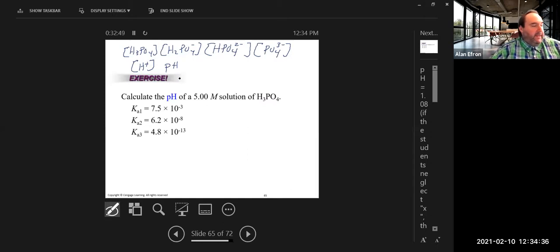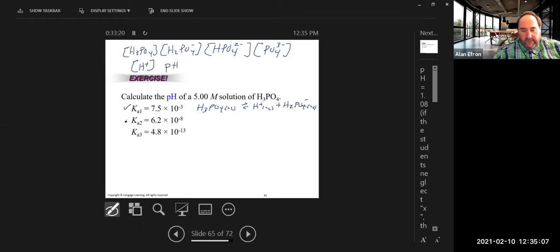So in a problem like this that I just made up here, that we want to pretty much figure out what is going on here with everybody at equilibrium, we do need to approach it really as sort of three separate problems. The Ka1 is going to be for when that first H plus comes off. So that's going to be when we have our H3PO4, dropping that first H plus and our H2PO4 minus.